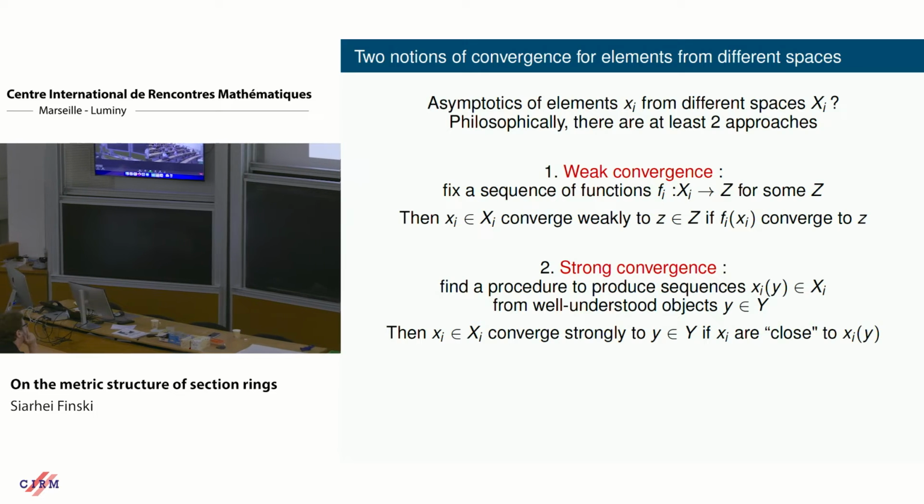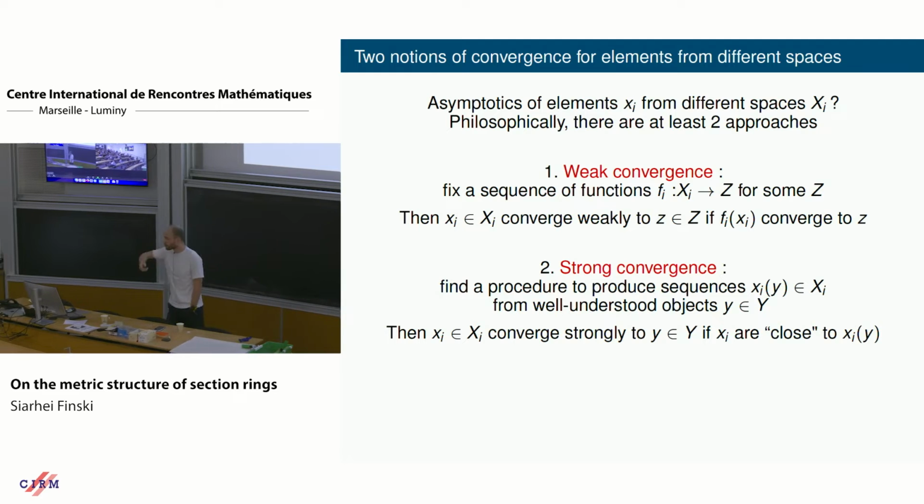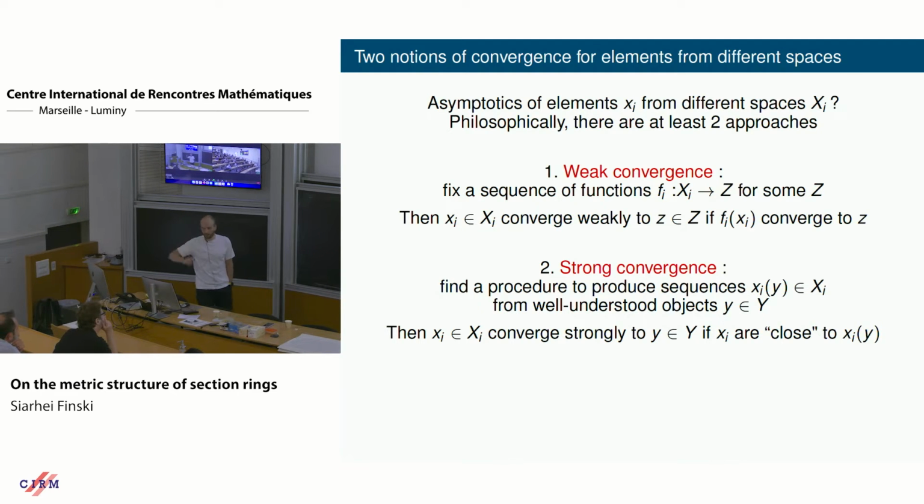And then there is a notion of strong convergence, and it's slightly more complicated because we fix another set, and we assume that we have a certain procedure to produce, for the elements of those sets, a sequence of elements in our sets X_i.